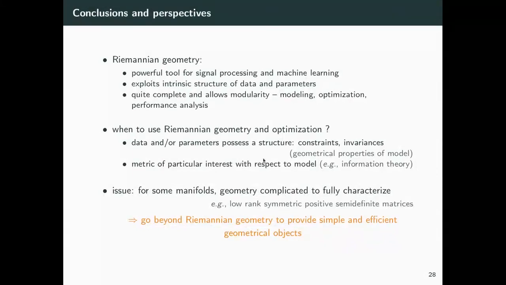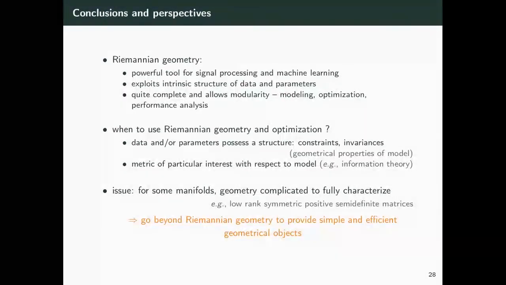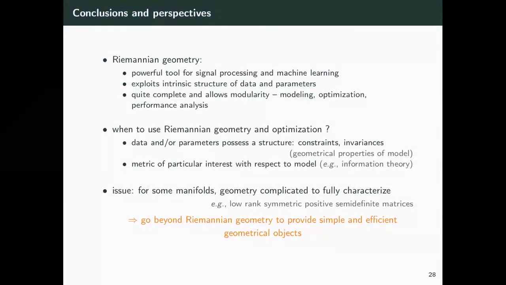So we can use Riemannian geometry when the data and the parameters have particular structures. So we have some constraints, some invariances that we want to take into account, and also when there is some Riemannian metric which is very interesting with the model that we consider. So, for instance, the Fisher information metric, when we deal with likelihood and distribution.